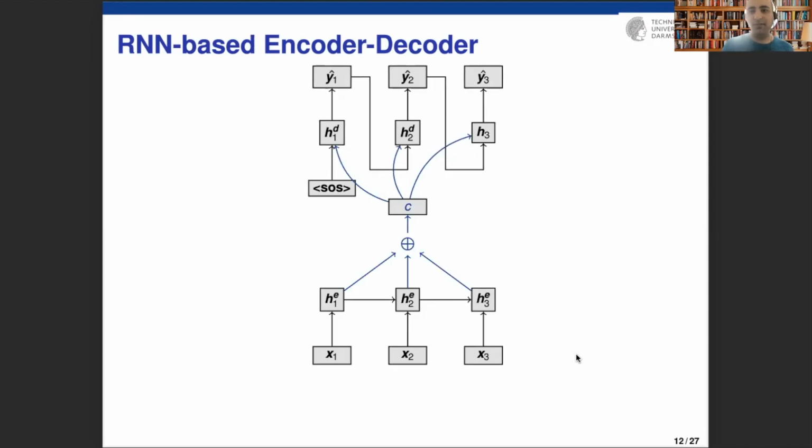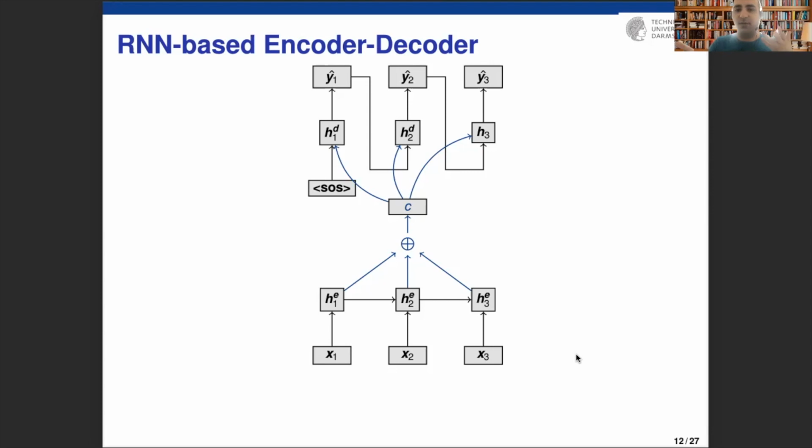So how can we solve this problem? What we can do is that instead of taking the last hidden state as the context vector, we can use the average over all hidden states in the encoder.